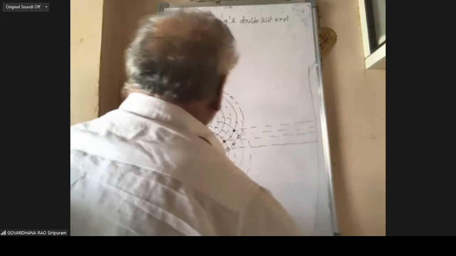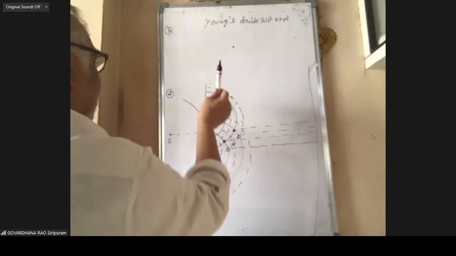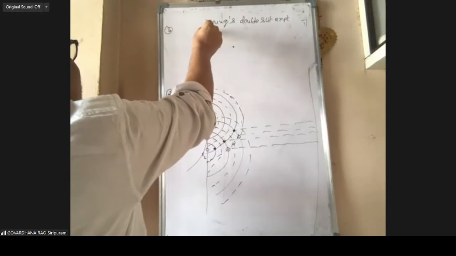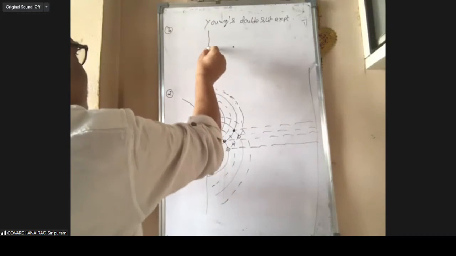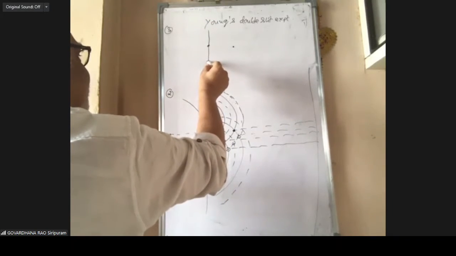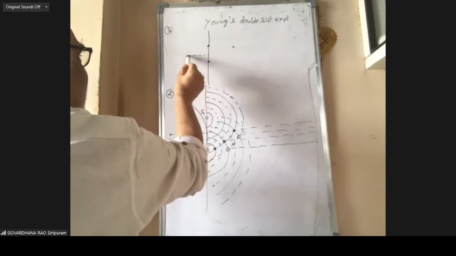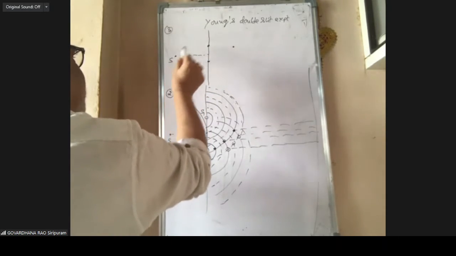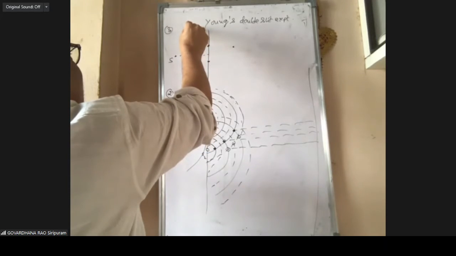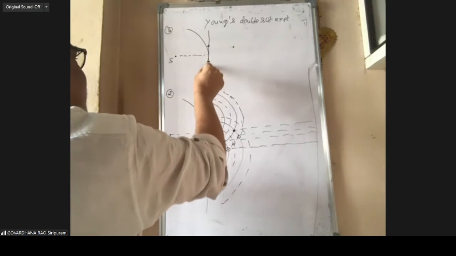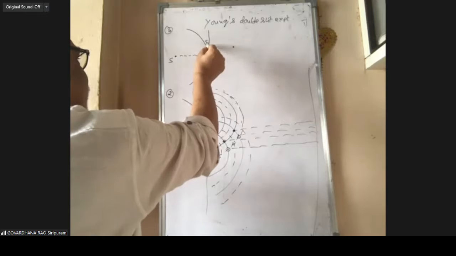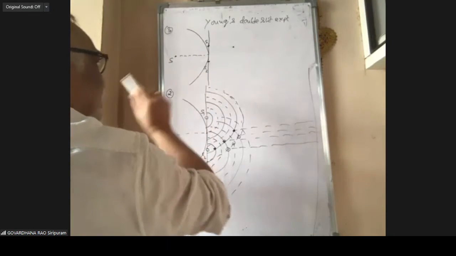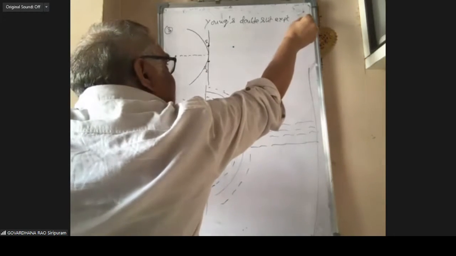So what is the Young's double slit experiment? Now these are the two slits and this is your point source. From the point source, the wavefront will come and be incident on these two slits, S1 slit, S2 slit. This is the screen.